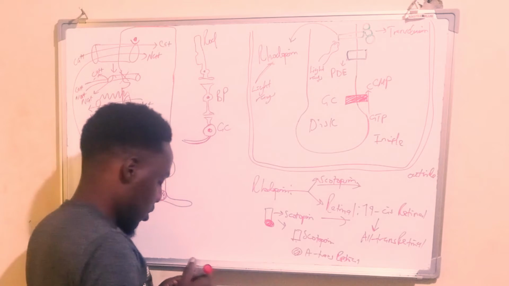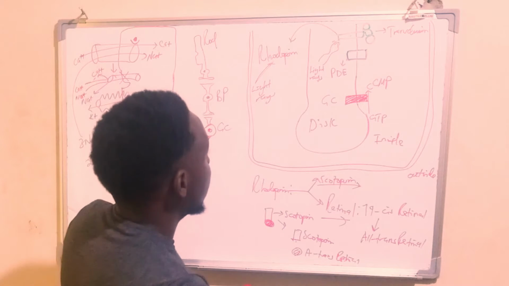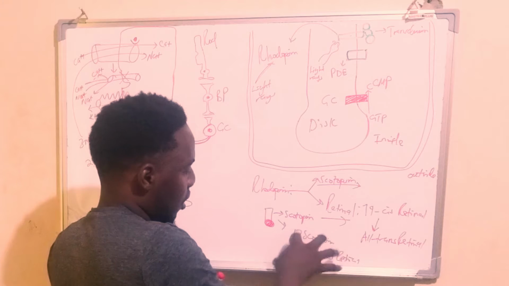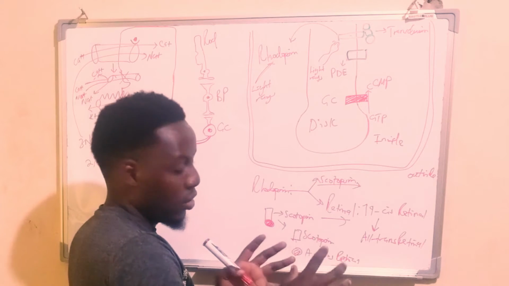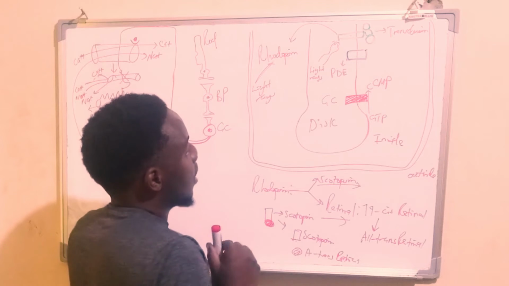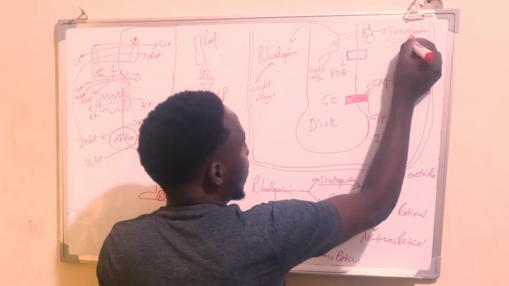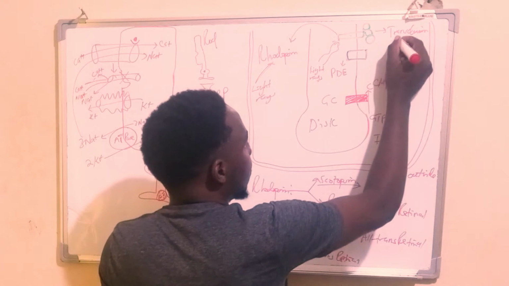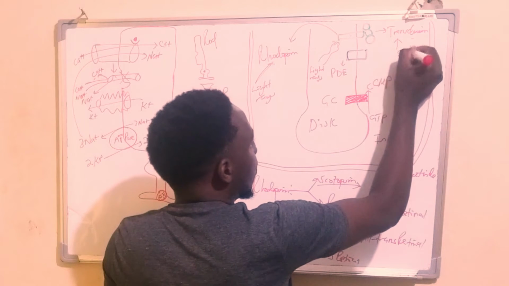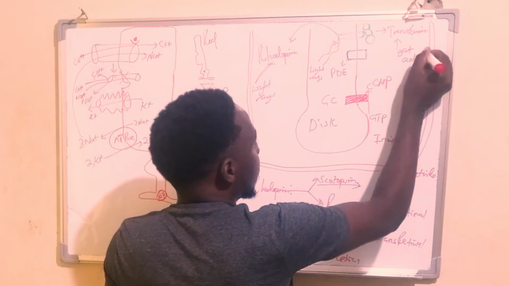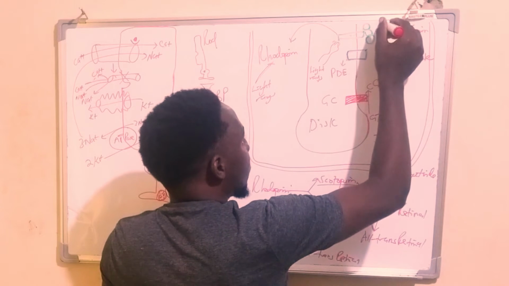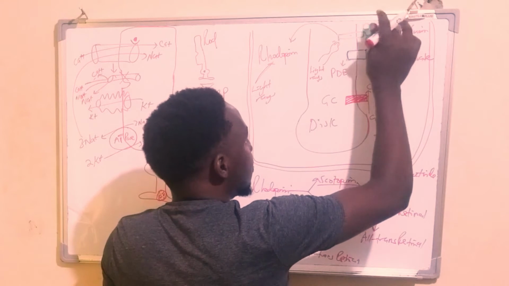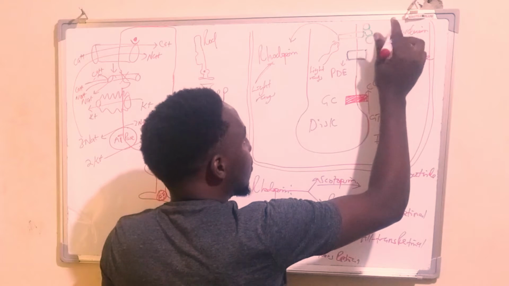Now the separation of all-trans retinal from scotopsin causes activation of transducin, the G-coupled protein.